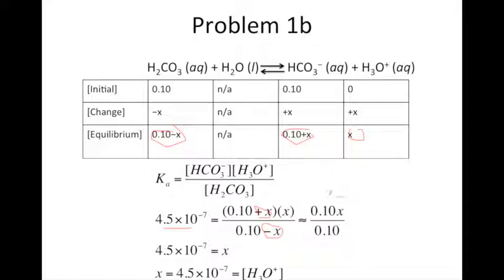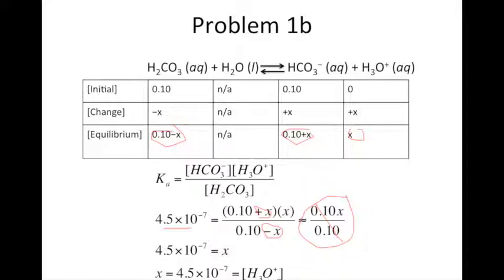So our Ka expression should simplify to 4.5 times 10 to the minus 7 is equal to 0.10x divided by 0.10. Our 0.10s can cancel, and we end up with x is equal to 4.5 times 10 to the minus 7. That is equal to our hydronium ion concentration.